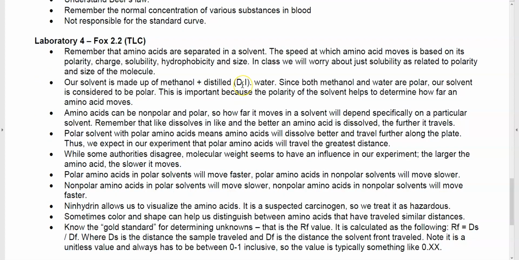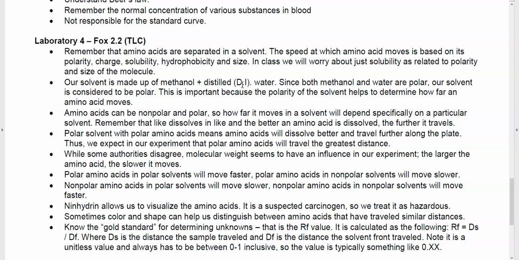Lab 4 for Fox was the TLC, or what's called thin layer chromatography. Like many of the experiments we do in lab, these are more classical type experiments, or experiments that we don't do anymore. A couple of people have asked me, what's the clinical or practical significance of some of these things? And the answer is, in some ways, very little, if any.